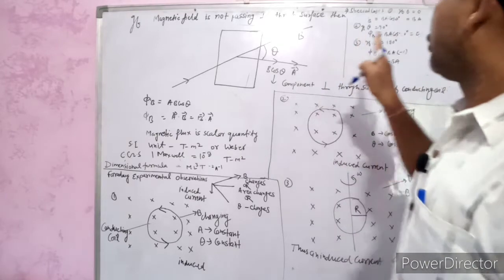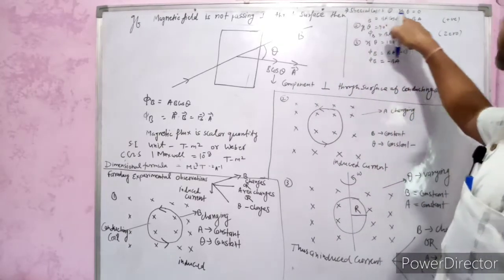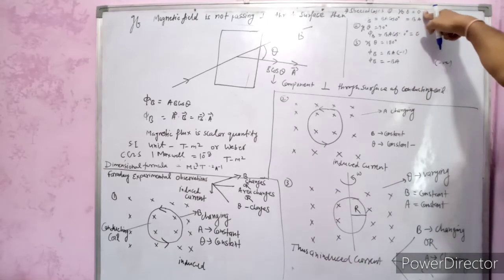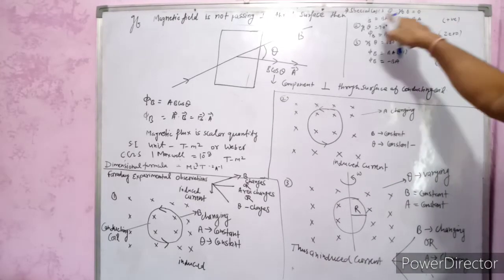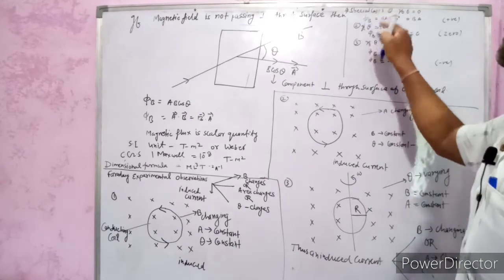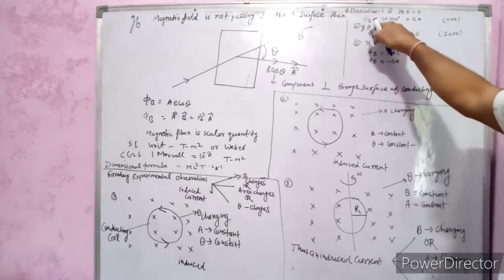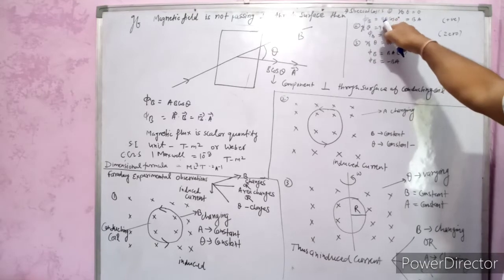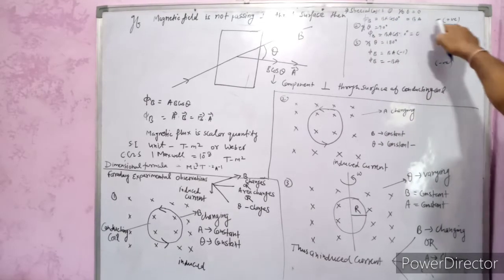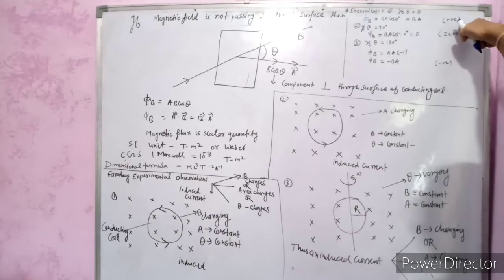Now to discuss some special cases: if angle theta is equal to 0, then the magnetic flux passing through the surface is equal to BA cos 0, equal to BA, thus flux is positive.